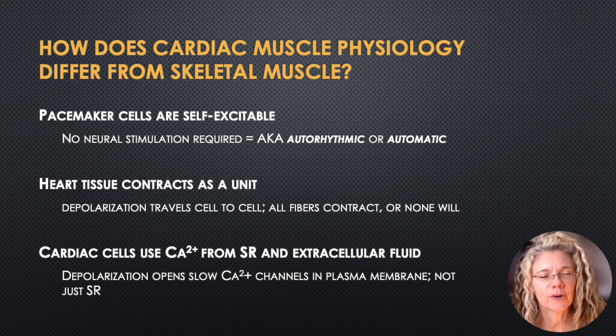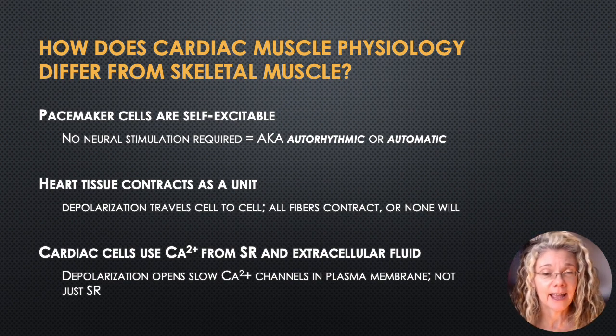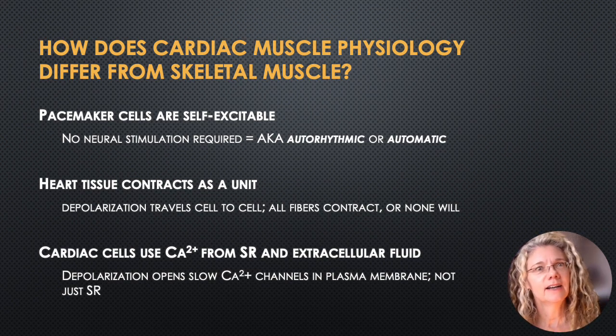Cardiac cells are going to use up a lot of calcium. We need calcium for muscle contraction, whether it's skeletal or cardiac muscle. And because we're doing a continuous cycle of contraction and relaxation, we're going to pull calcium not just from the sarcoplasmic reticulum, like we do in skeletal muscles, but also from the extracellular fluid.